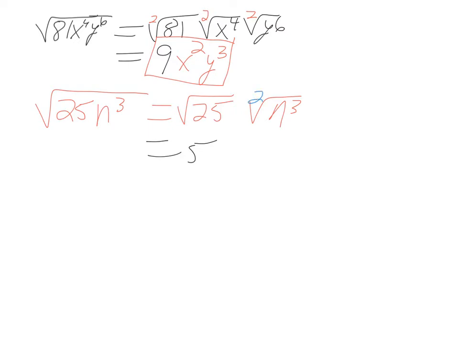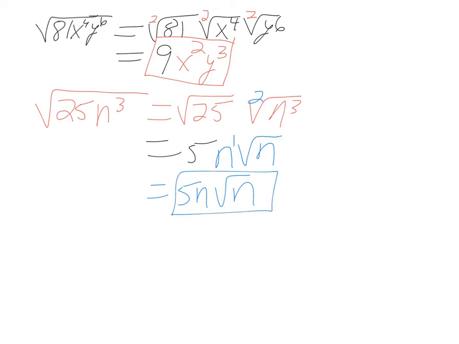So 2 will not go into 3 evenly, but how many times will 2 go into 3? It'll go in there 1 time, so we'd have n to the first. And how many do we have left over then? We have 1 left over. So our answer is just going to be 5n square root of n. So that's our answer there.